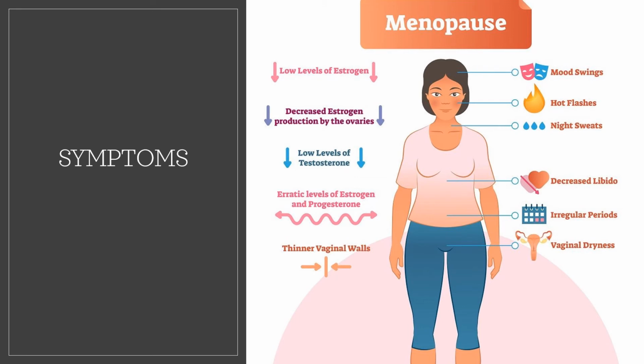So what are the symptoms of menopause? When estrogen, progesterone and inhibin levels are low, ovarian follicles are absent, and atrophy of the different female reproductive structures is occurring. So what are the symptoms of it?